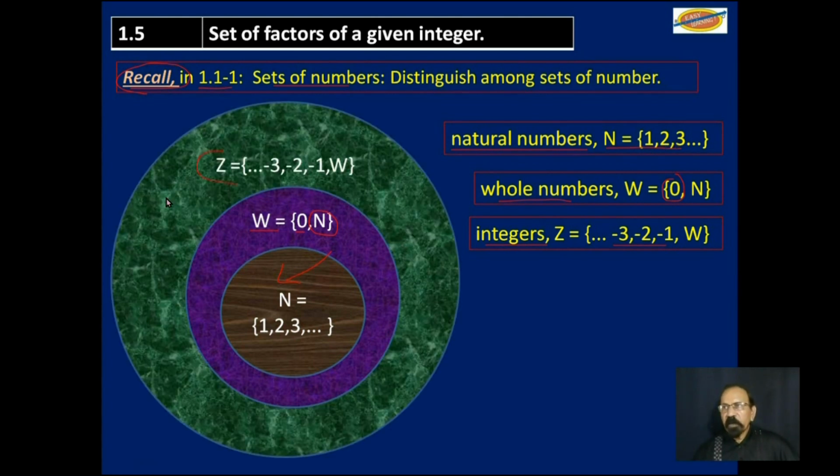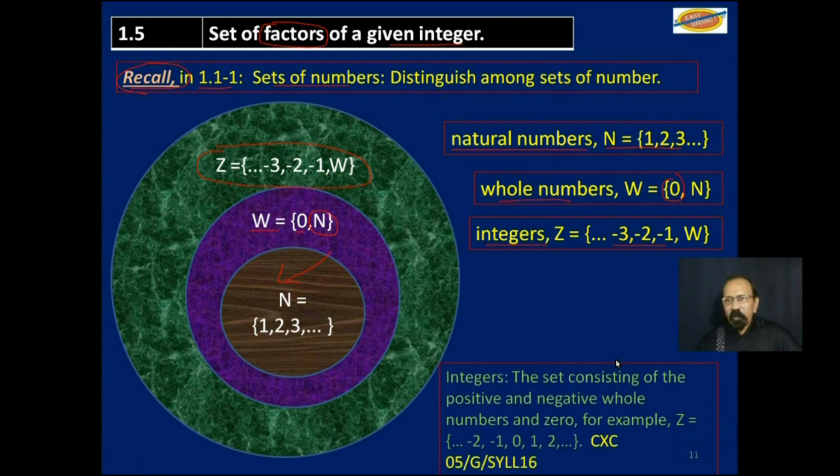which would be this. And so this objective is saying that you need to say what the set of factors are of a given integer. In other words, any positive or negative whole number, 0 doesn't really count in this case. Integers, as we learned, are the set consisting of the positive and negative whole numbers and a 0.